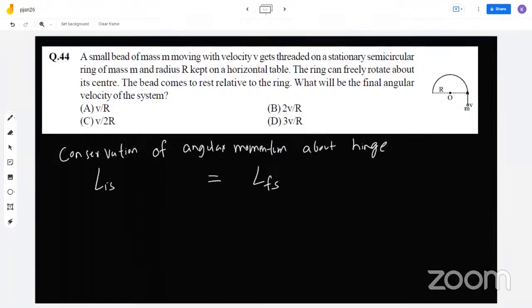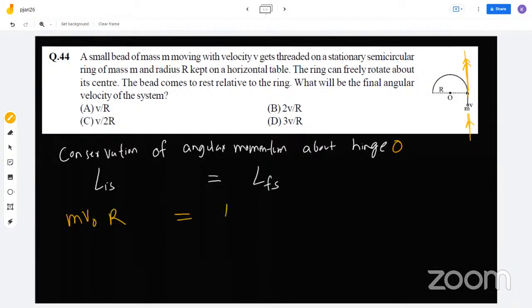Guys, initially किसका आएगा? Angular momentum of the system, point mass. So what will be the angular momentum of the point mass? This is the line of action of the point mass. Linear momentum into perpendicular distance from the hinge. So guys, क्या होगा? MVR.